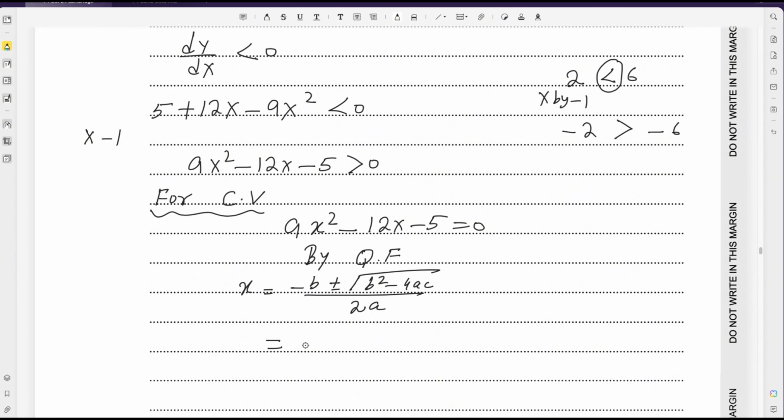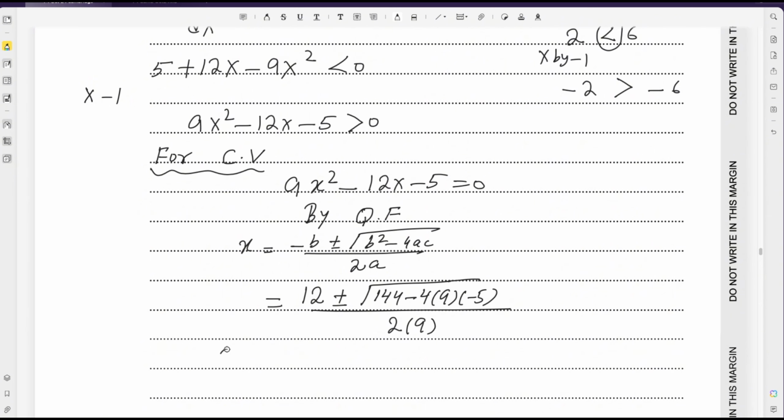Minus b is minus 12, so it will make it plus 12, plus or minus the square root of the square of minus 12, which is 144, minus 4a, where a is 9 and c is minus 5, divided by 2a, 2 multiplied by a is 18. Now we solve the value under the square root. If we solve this square root value, we get 18, divided by 18.